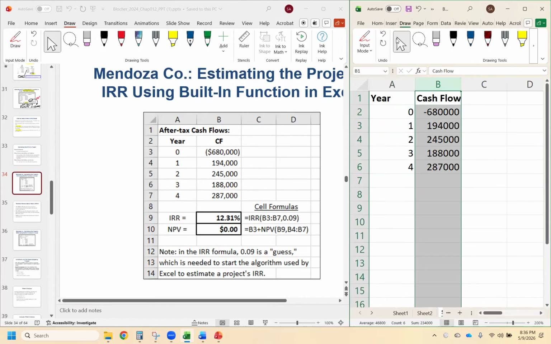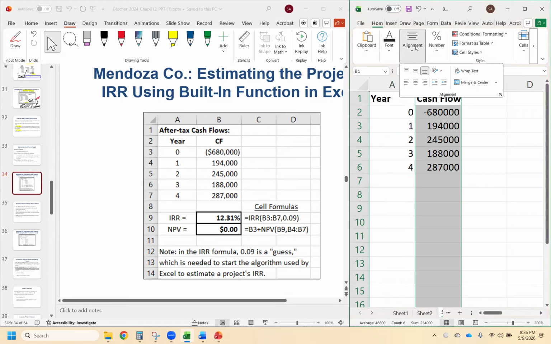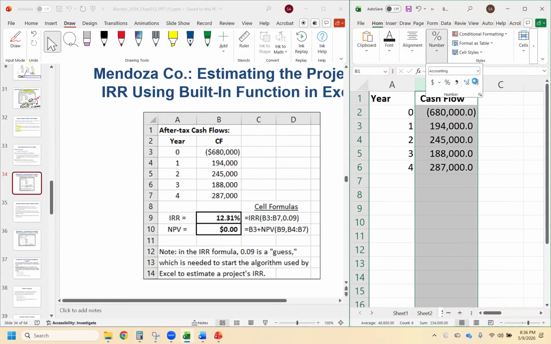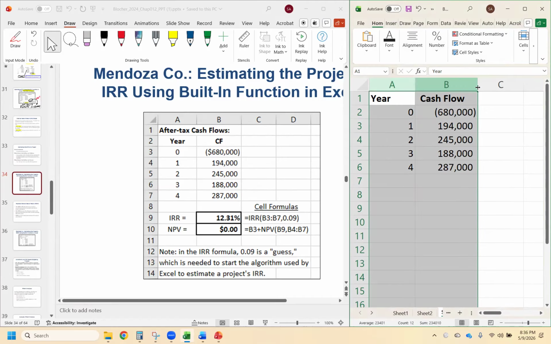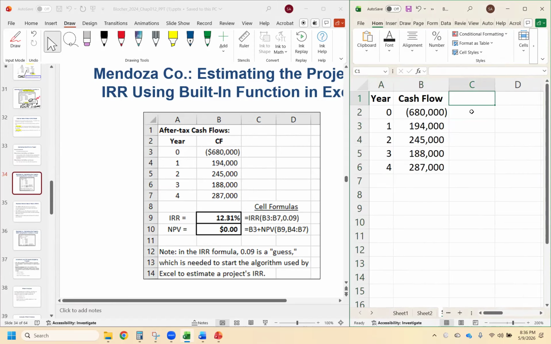Okay, so these are my cash flows. And I can calculate the present value of each of these cash flows.